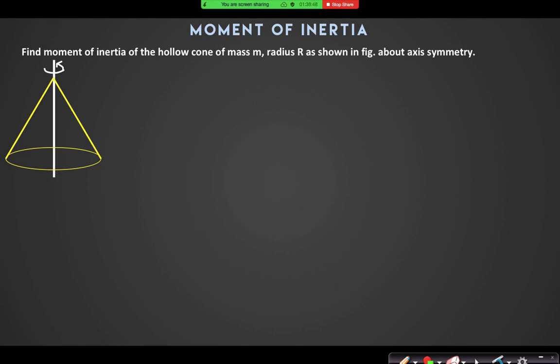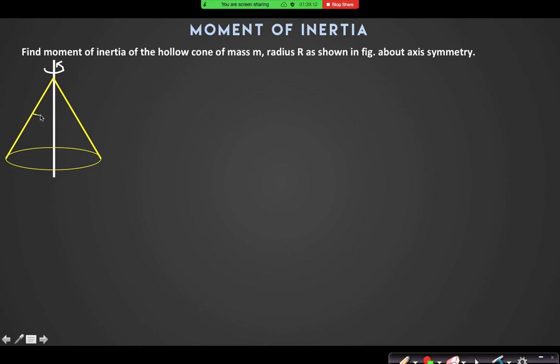Is it mr square by 2? Yes, sir. mr square by 2 is coming. How do I find that? So by taking small rings at height h, small h, and then using similarity to eliminate h.